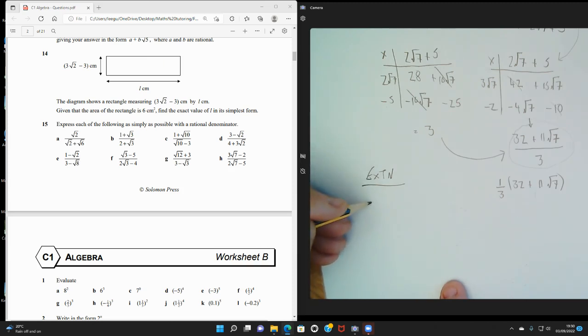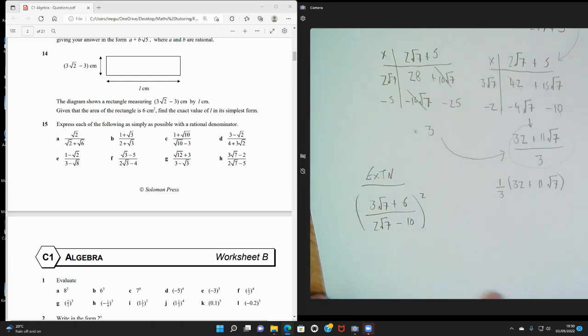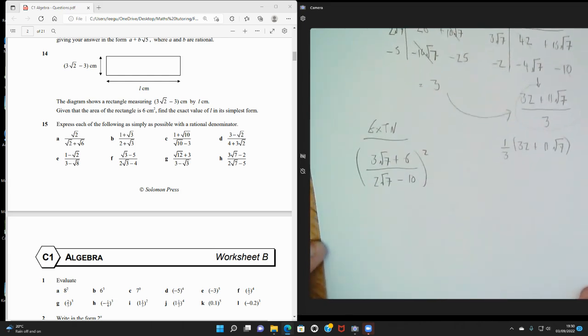So let's imagine that we had our 3√7 plus 6, and let's say it was over our 2√7, but let's say it was minus 10. And this is what the question was, I seem to remember.